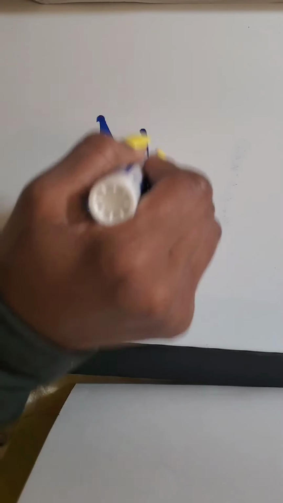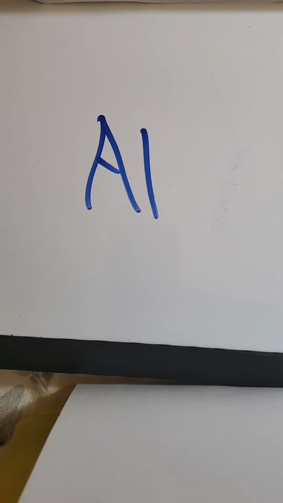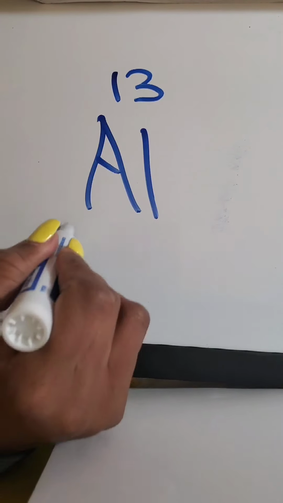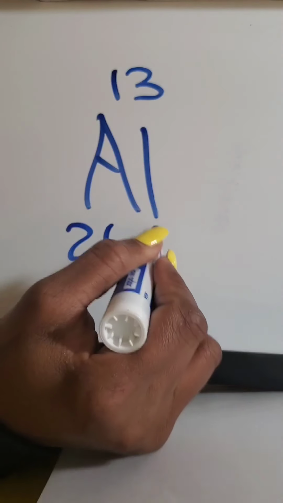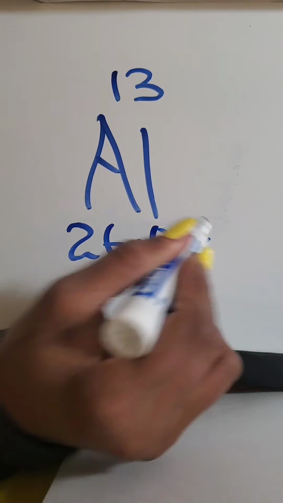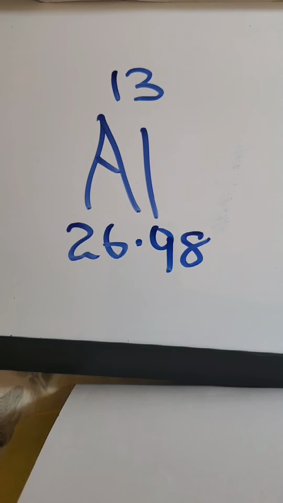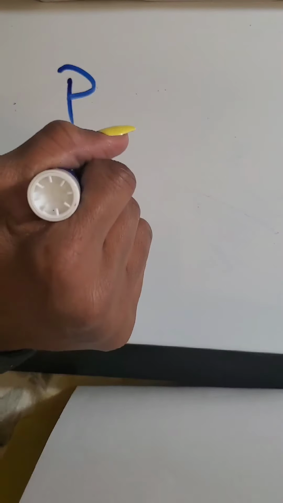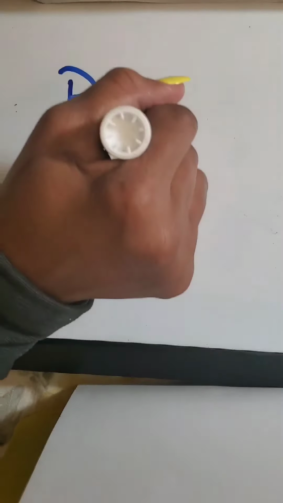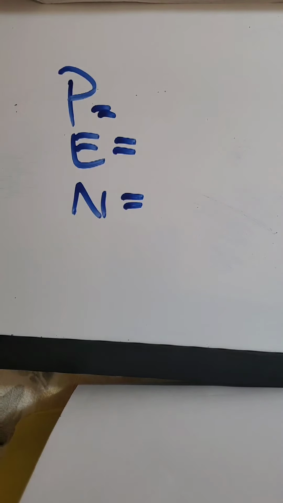Next, let's look at another one that's bigger. Let's look at aluminum. Aluminum has the symbol Al. It has an atomic number of 13, and it has a mass number of 26.98. And when we round that off, it would be 27. Now let's write our PEN method: proton, electron, and neutron. Our proton is equal to 13, seeing as the atomic number is 13.